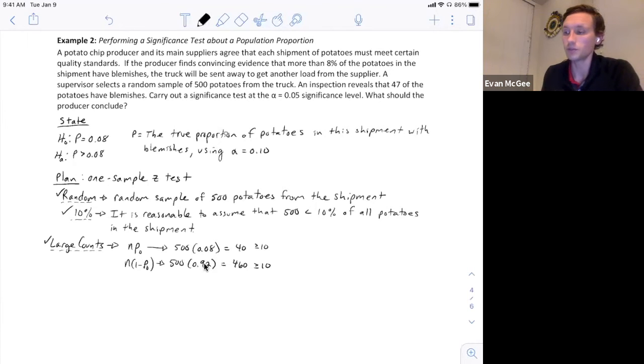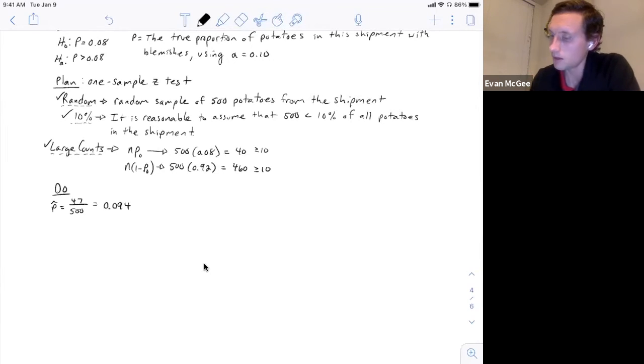And so now we can move to the do part where we'll actually write out our sample statistic, and we will find the test statistic and the p-value. Our sample statistic, 47 out of 500, is 9.4%. Now we'll use this to calculate the standardized test statistic.